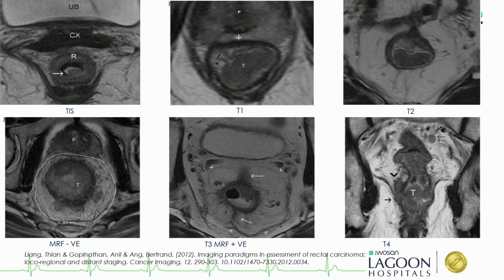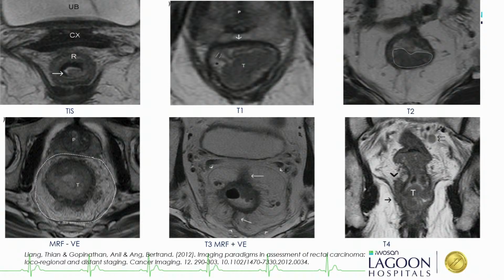Now the muscularis propria is this very dark line that we see. It's like a circle. So that's the outer wall of the rectum. Now once the tumor has breached that and gone into the perirectal fat, this bright area here, now that is a T3 tumor. Now there's something we call the mesorectal fascia, and the mesorectal fascia is basically like the boundary of the rectum.